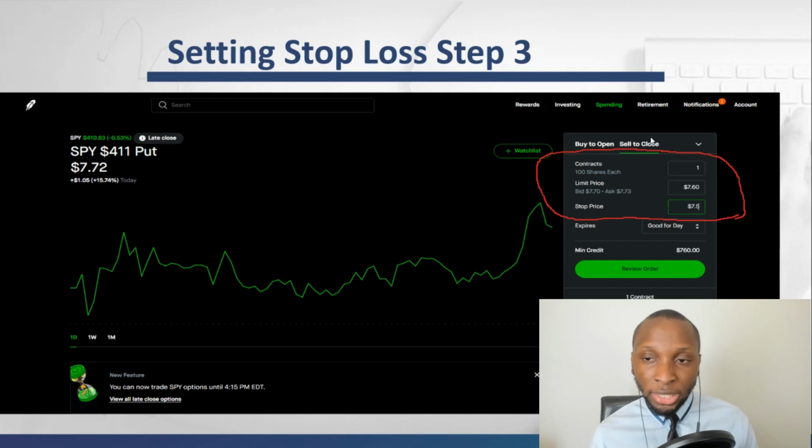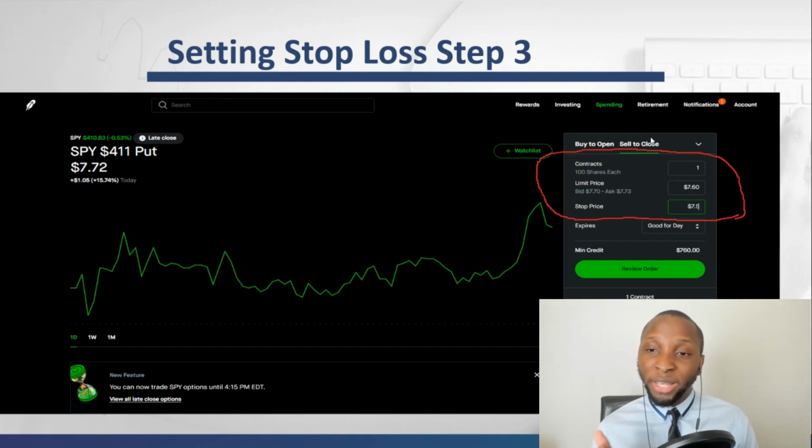So there are 2 things to remember. I want you to pay attention to 3 things actually: the contracts, the limit price, and the stop price. The contracts is the number of contracts you want to sell for that limit order.